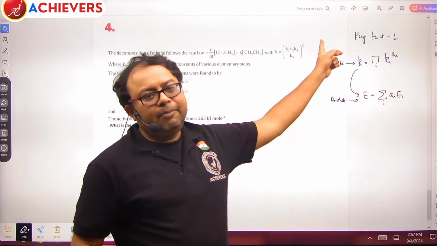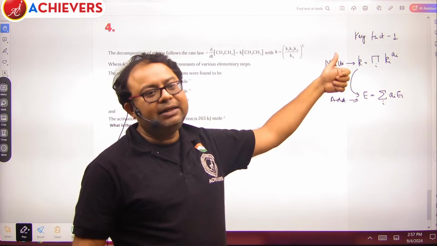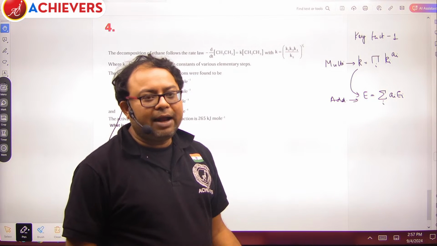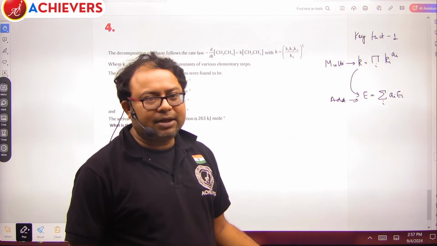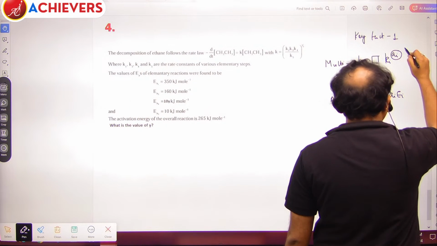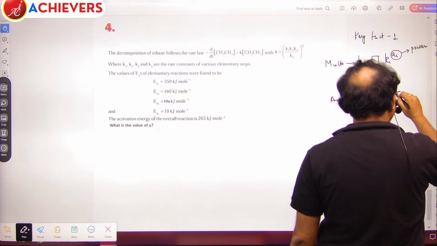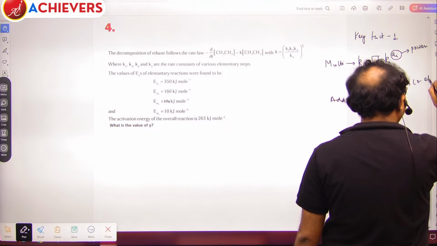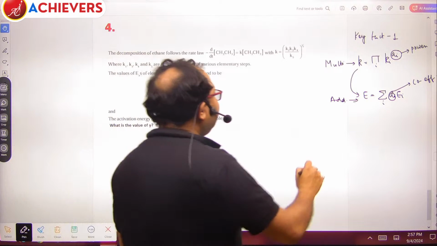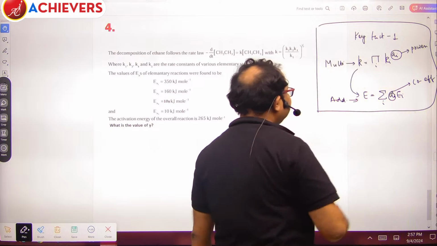So for a multiplicative rate constant combination, you'll find an additive activation energy combination. If the overall rate constant is multiplicative, the overall activation energy is additive, number 1. And the powers, this was power, and now it has become coefficient. The same thing which was power has now become coefficient. So if you keep this thing in mind, you can solve the problem very easily.